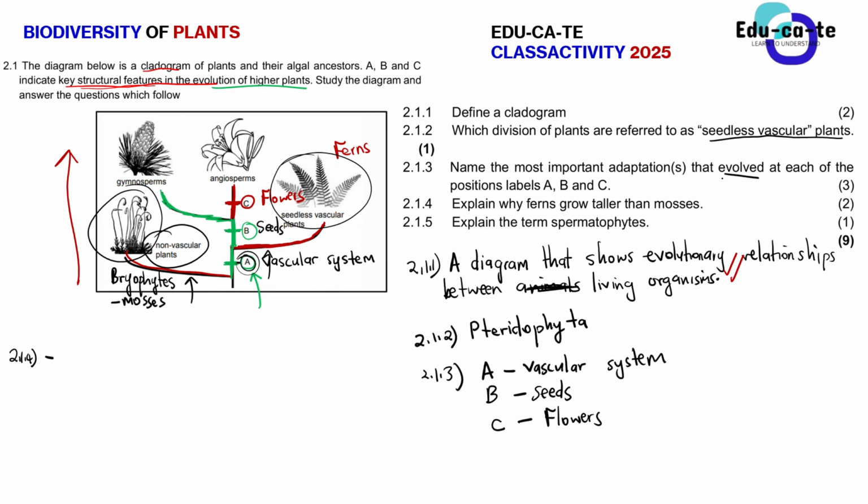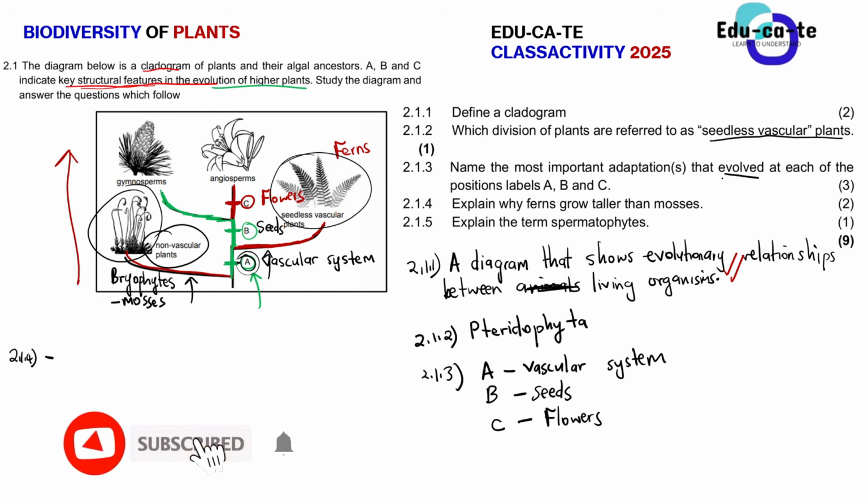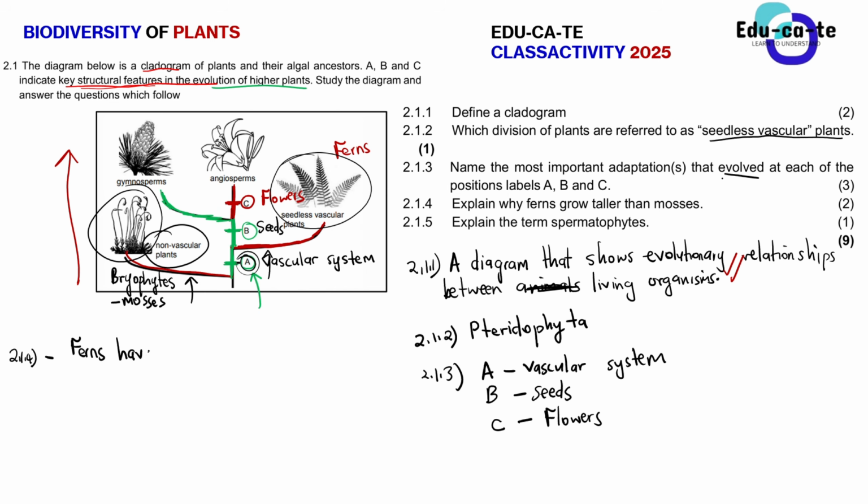So they say, explain why ferns grow taller than mosses. It is because ferns have vascular tissue.